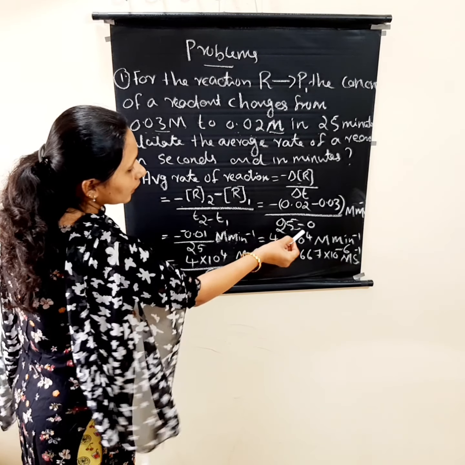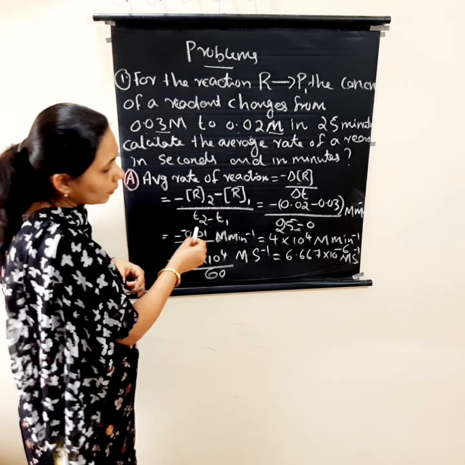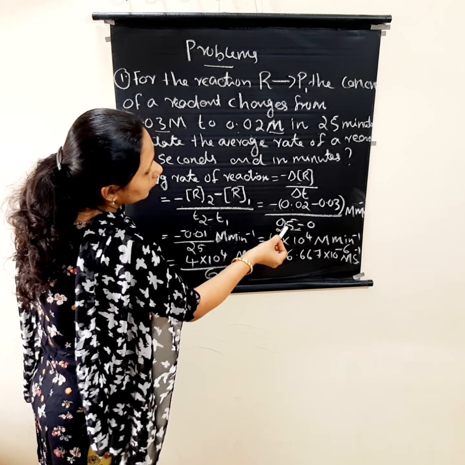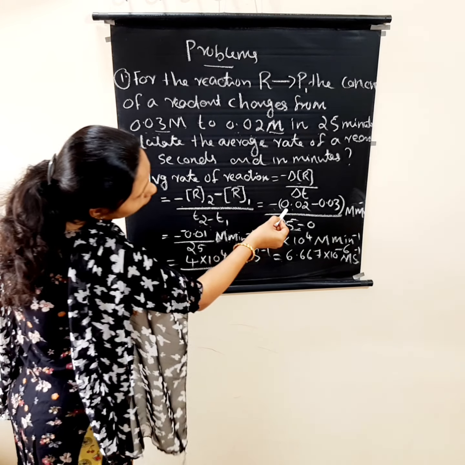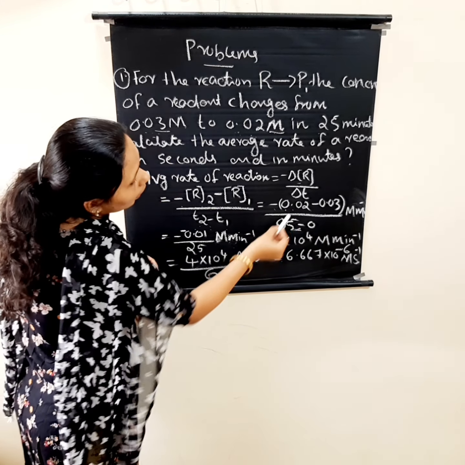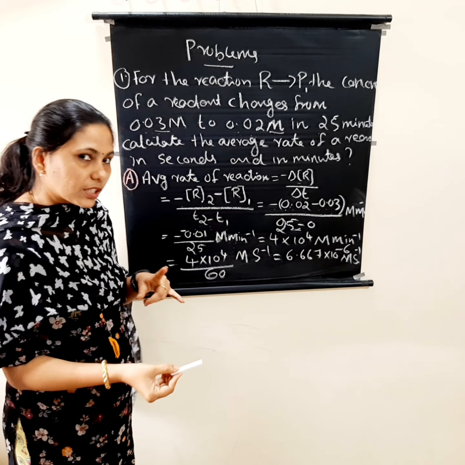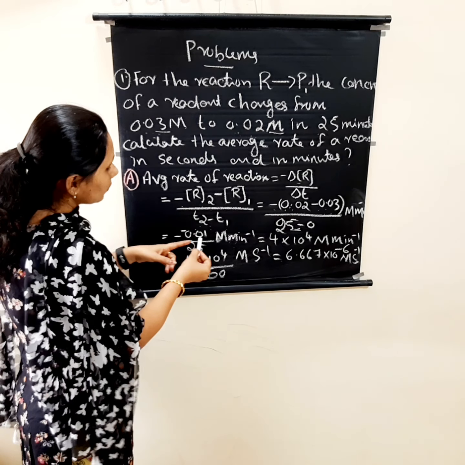So here is the clear substitution: R2 minus R1 divided by T2 minus T1. Substitute the values of R2, R1, T2 and T1. Solving this, minus 0.02 minus 0.03 means how much? Minus 0.01.